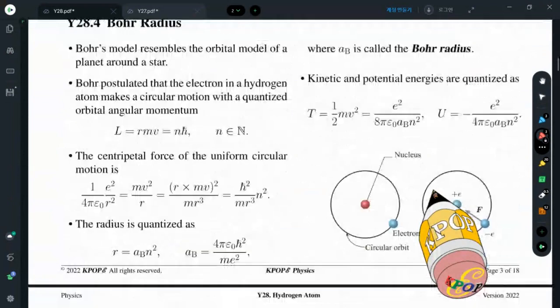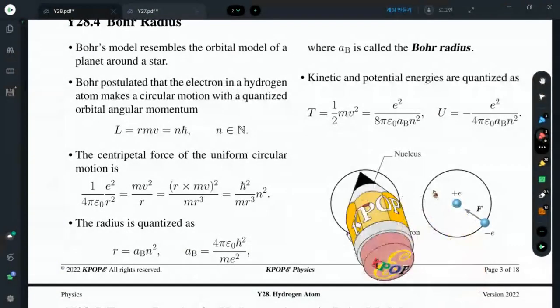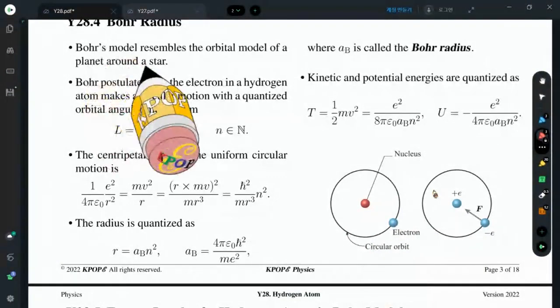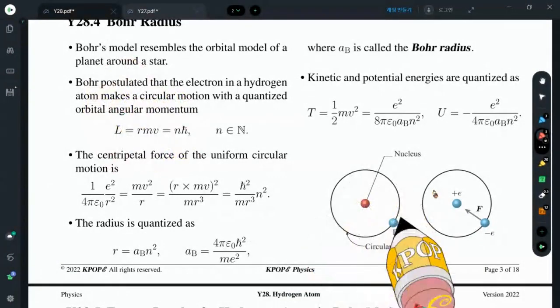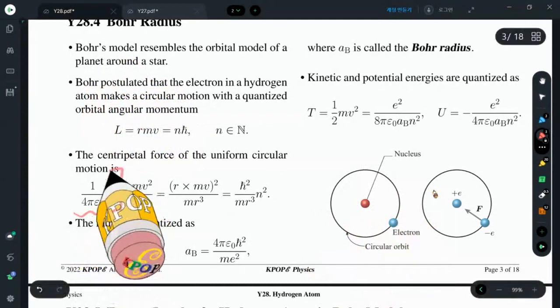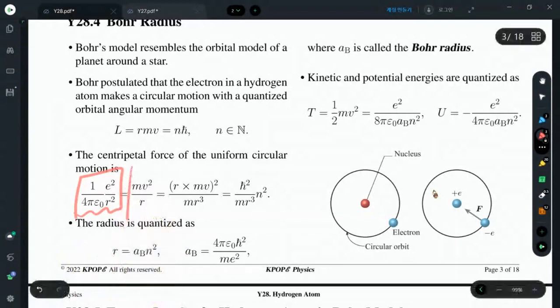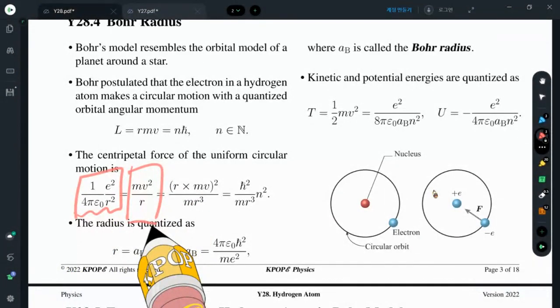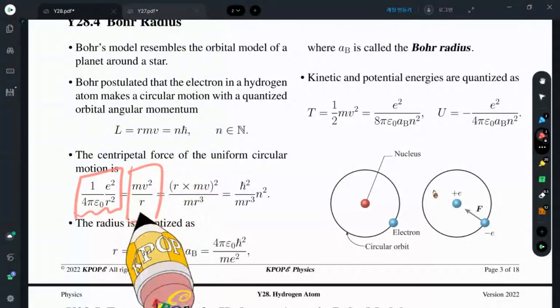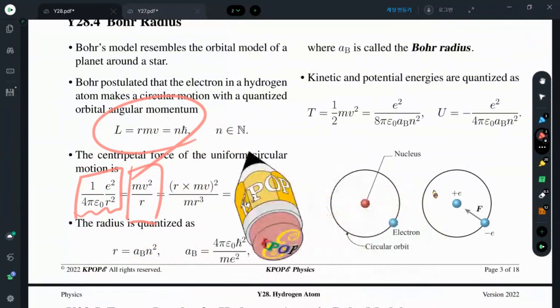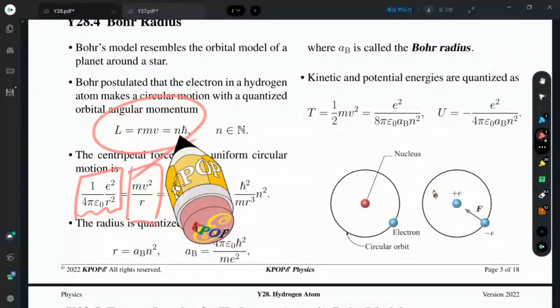In quantum mechanics, the electron does not follow a circular track. However, Bohr was brave enough to introduce a circular orbit, and he required that the Coulomb force must be the same as the centripetal force, and anyone in this class can compute this. And he introduced an assumption that orbital angular momentum is quantized.